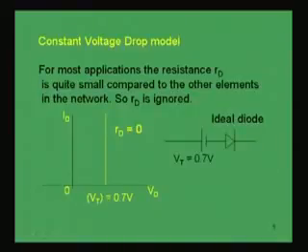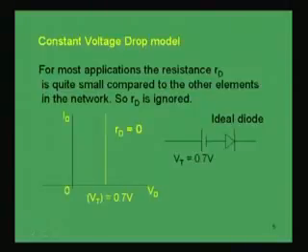So, we can ignore this resistance of the diode without violating much, and this assumption will be used for further simplification of this piecewise linear model, which gives rise to the constant voltage drop model.